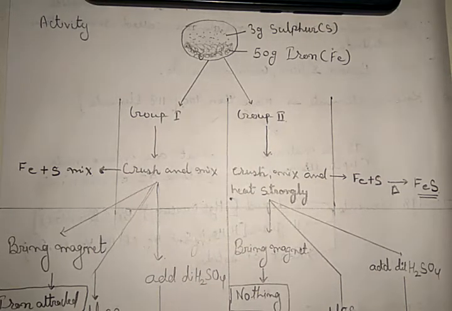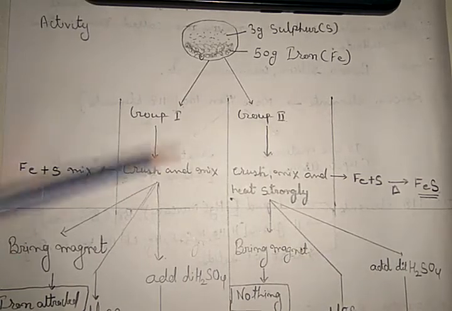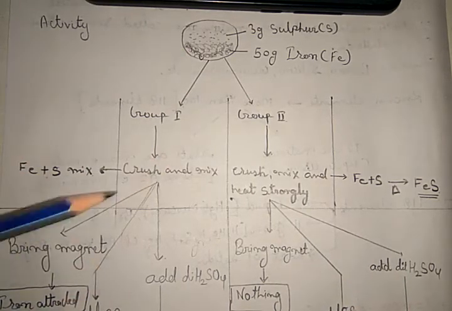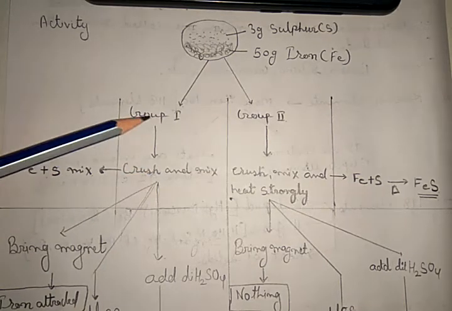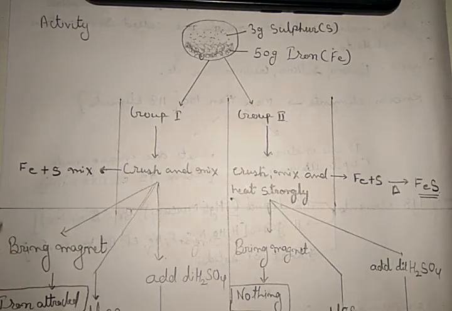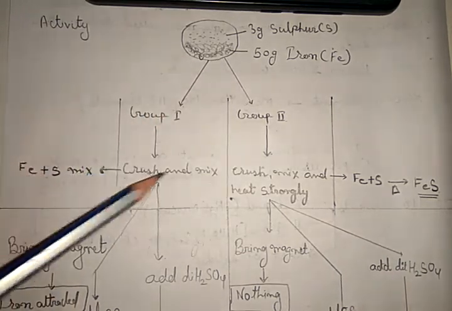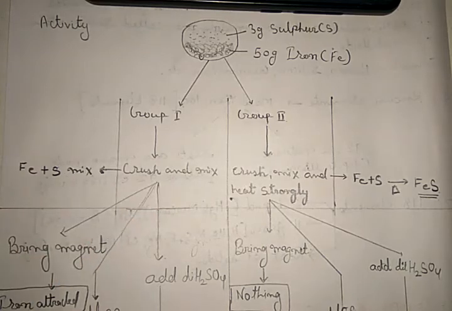We will do different functions with these groups. First thing we do with the first group, we crush and mix it properly. Crush iron and sulfur and mix them properly. That means we can say we just mixed iron and sulfur.